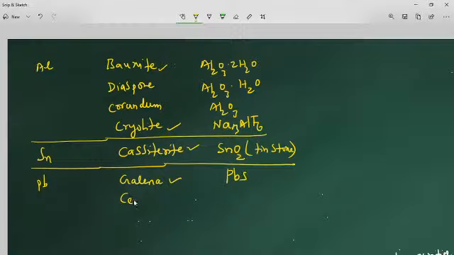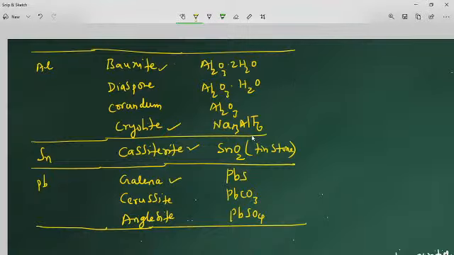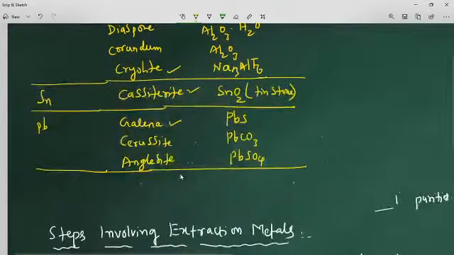Cerussite, nothing but lead carbonate, PbCO3, is another ore of lead. Anglesite is lead sulfate, PbSO4. Among these three, the most important one is galena only, because we will select one among the ores to do the extraction of metals. Okay, this is about lead.